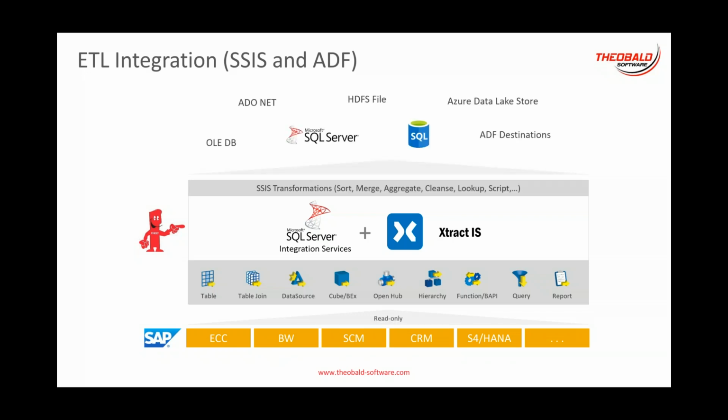And then within SSIS, you have all the transformations to further manipulate the data. You can do sort, merge, aggregations, what have you. And then the built-in SSIS destinations, for instance SQL Server, Azure SQL, Azure Data Lake, and various different ADO or OLE DB destinations.